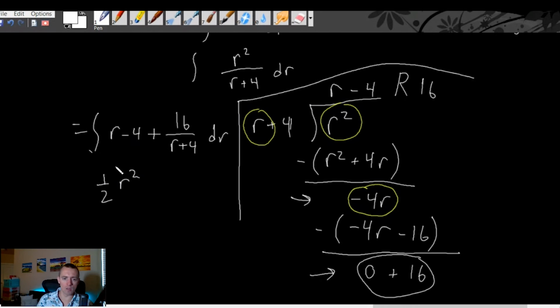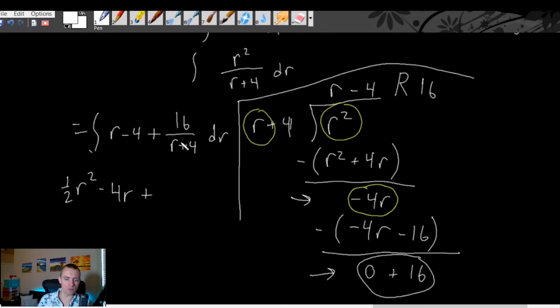And then let me actually move this over a little bit. I'm not going to have enough room here. Okay, and then minus 4, again, that's basically just power rule. The integral of a constant is just that constant times your variable, so negative 4r.